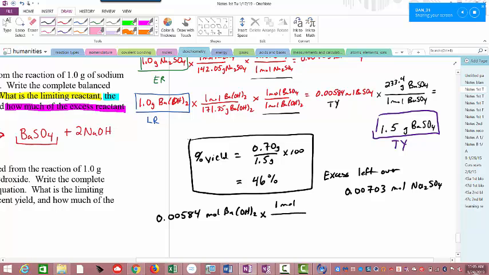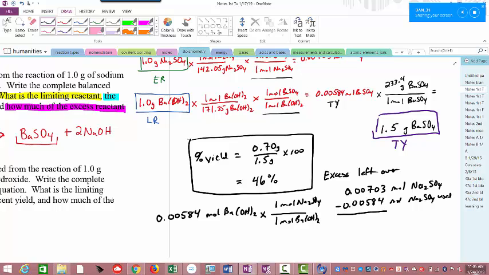And it's a 1-to-1 mole ratio of these as well, so we know that it is 0.00584 moles of sodium sulfate that we actually need to use. And so we can subtract to get the reactant left over. And then watch the quiz carefully to see if it asks for this in grams or moles.